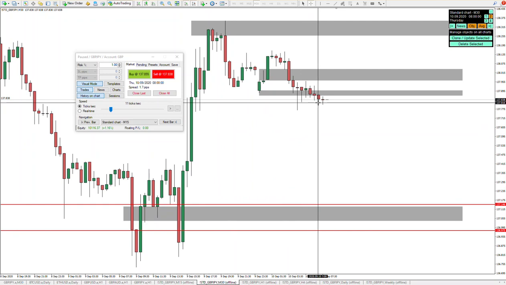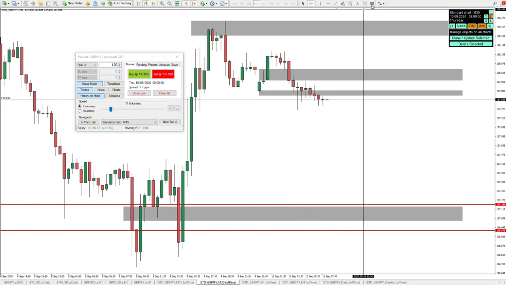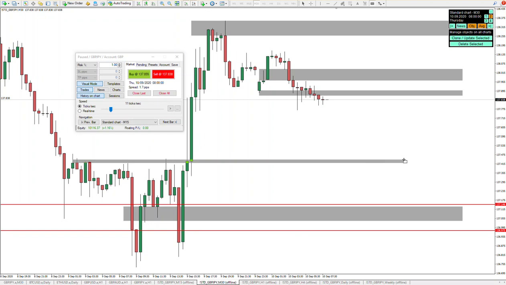We can correct it at least to there. The only problem is we have this wick, this wick, and this wick in the way. And currently we are also forming wicks, so I won't sell right here, but let's see what happens in the coming hours.